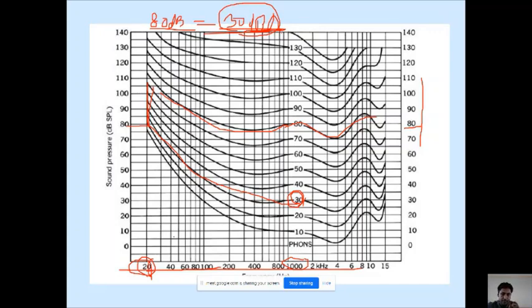If we take an example at 100 frequency and 80 dB, this will be somewhere here, and this is almost equal to this 50. If at 100 frequency the sound level is 80 dB, in that case we can write 80 dB equals 80 minus 30, maybe 20 or 30.